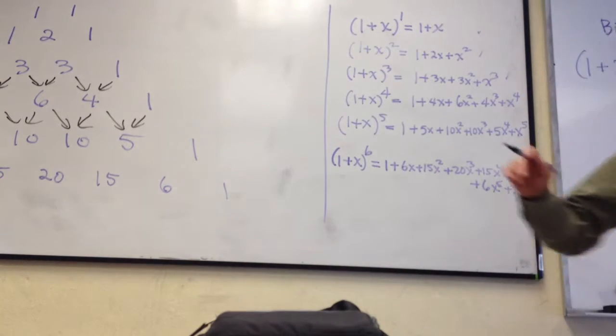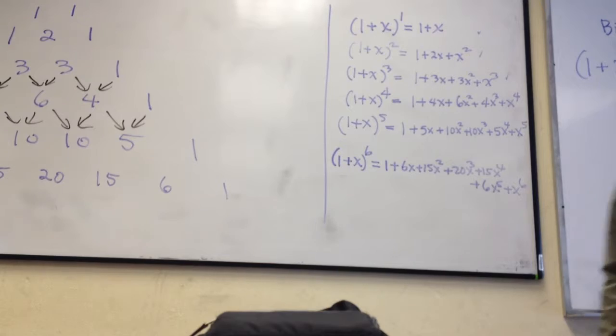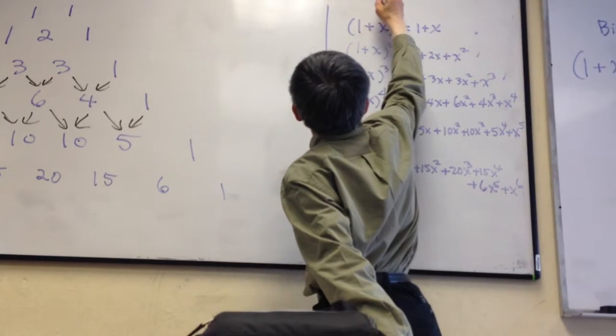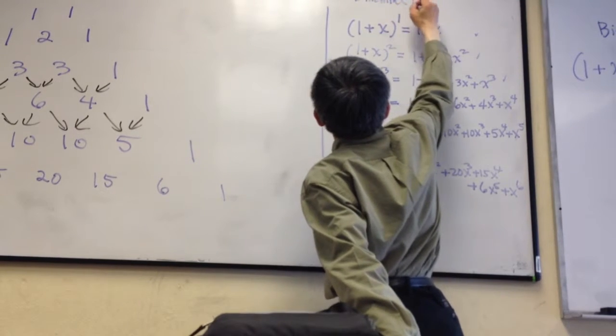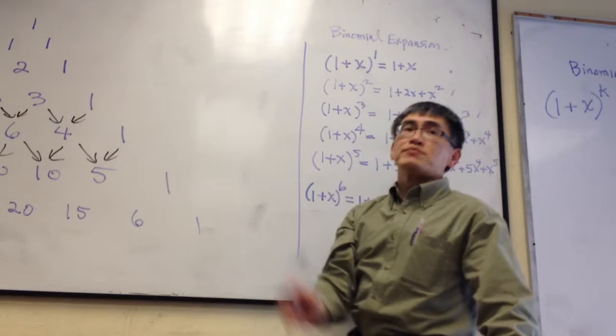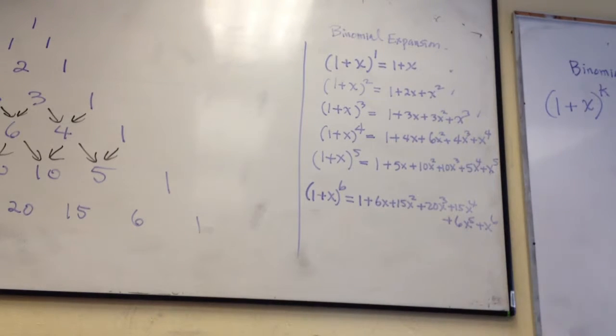This is called the binomial expansion, almost. And then here is a generalization of that.